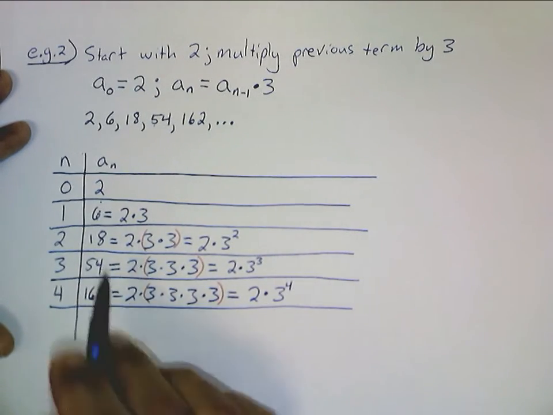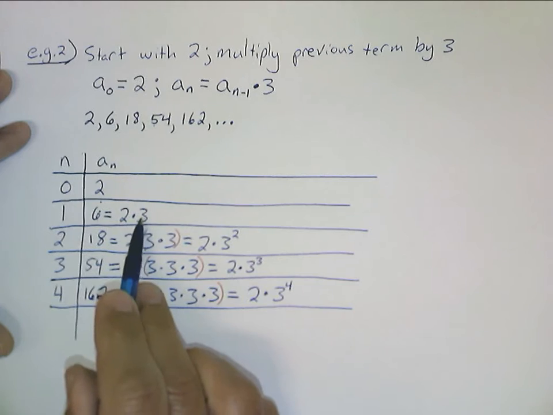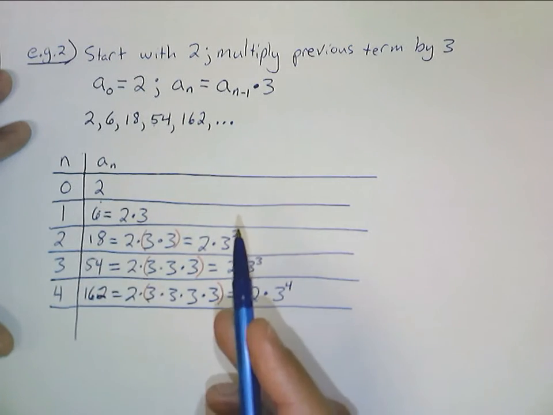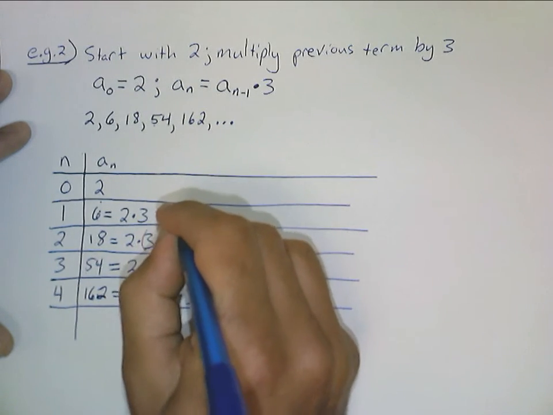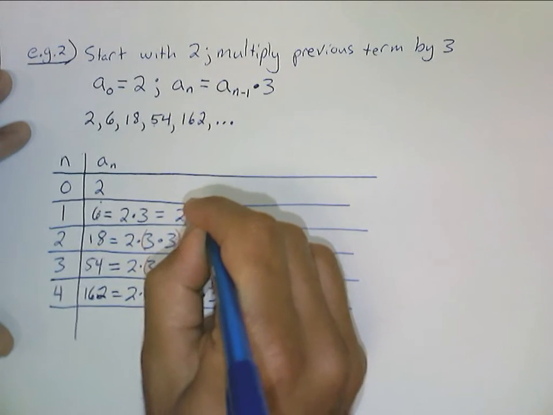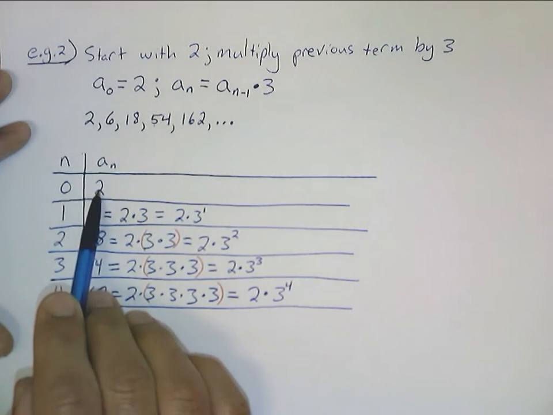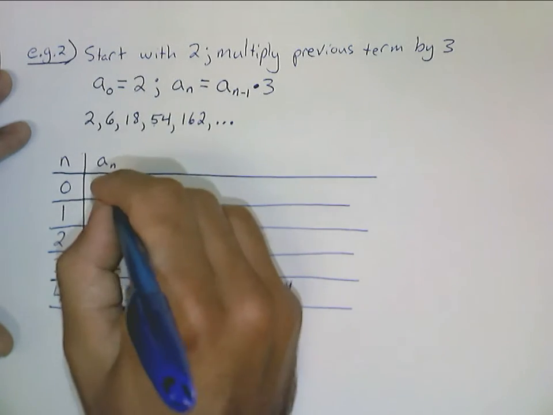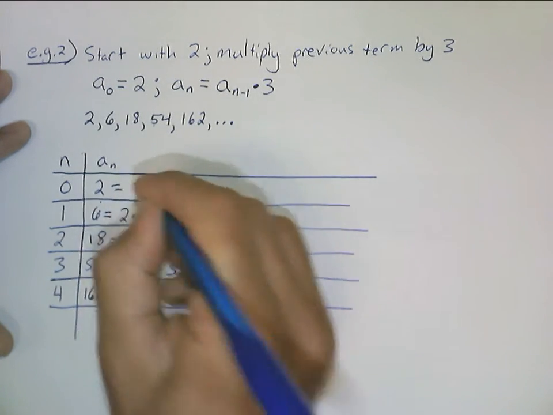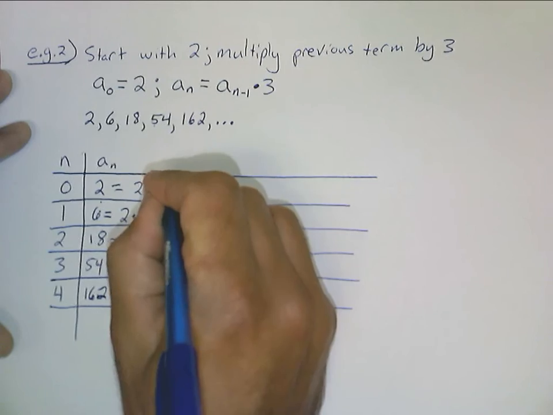And it still works back here. 2 times 3, well, 3 can be thought of as 3 to the power of 1. And even back here, too, we could actually write that as 2 times 3 to the power of 0.